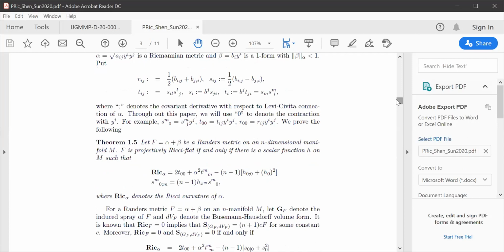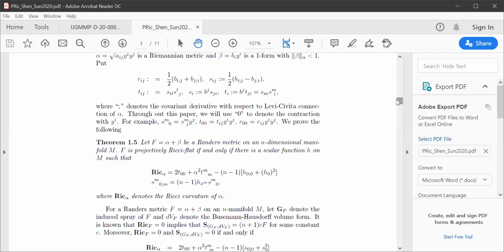If you can determine the equations in simple form, that will be much better, because the project Ricci-flat alpha beta matrix equation is very complicated. We only have some special cases we can classify, but in the general case, I don't think we can.